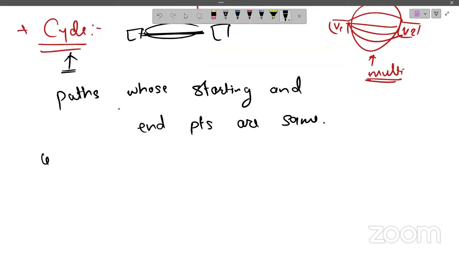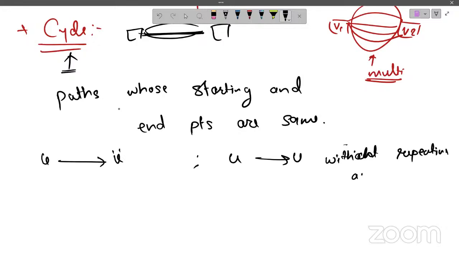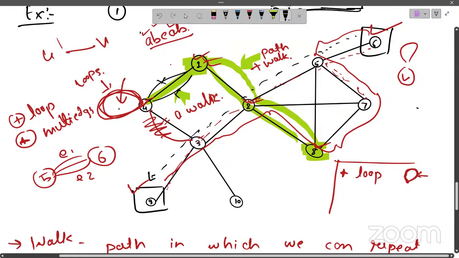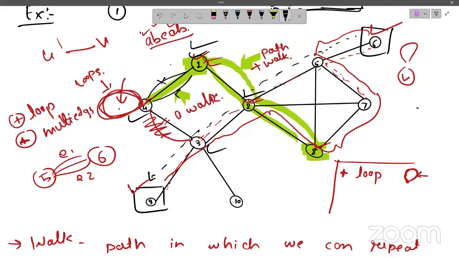In a path, you move from a vertex U to V. Now, if in place of V you move from U back to U without repeating an edge or a vertex, then that sequence is called a cycle. For example, in this graph, if we go from 1 to 2, then 3, then 4, and then come back to 1, this is a cycle because it is simply a path where we are not repeating a vertex except 1, because 1 is our starting and ending vertex.